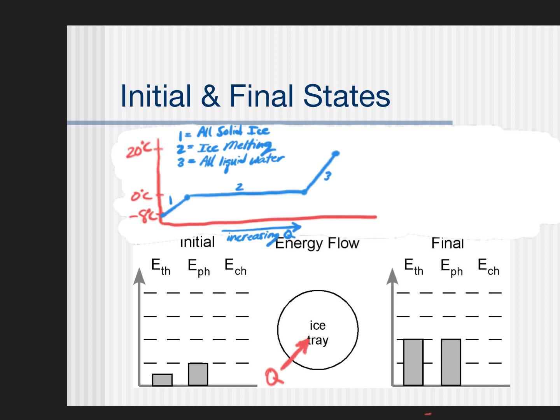When we get to the final stage, we're going to have liquid water. Liquid water is this bar. That's EPH, the energy of phase. That's 2 bars showing liquid. Here we were at solid. Now we've got 2 bars where we're liquid.